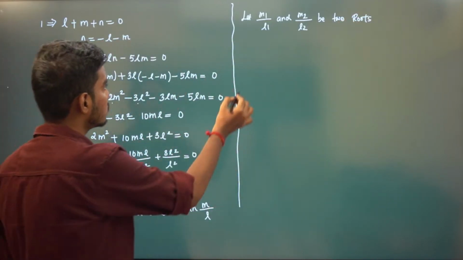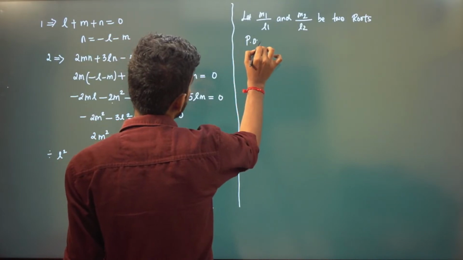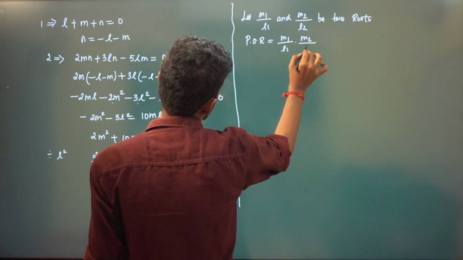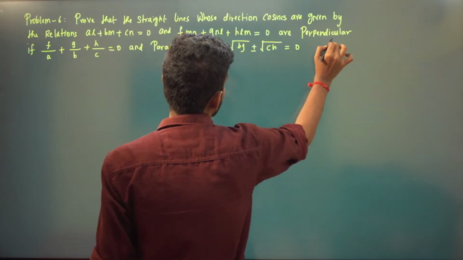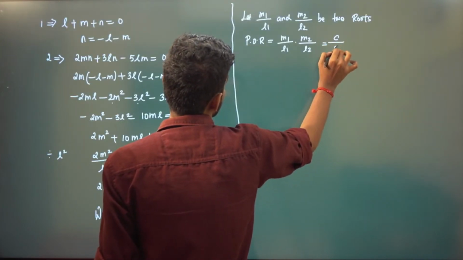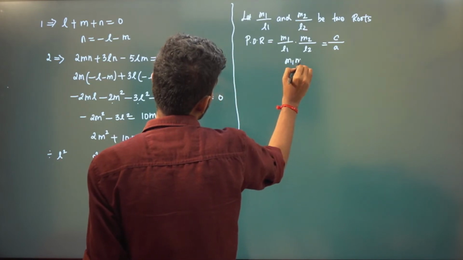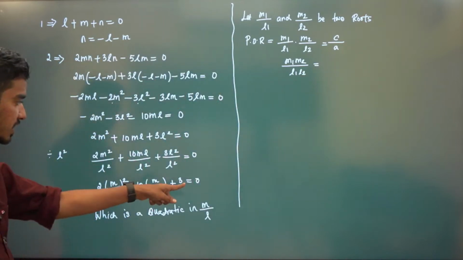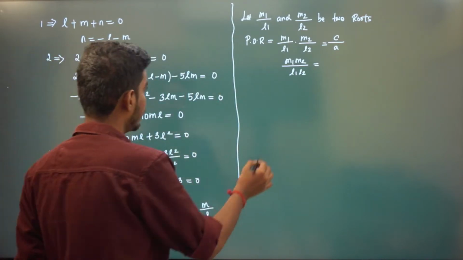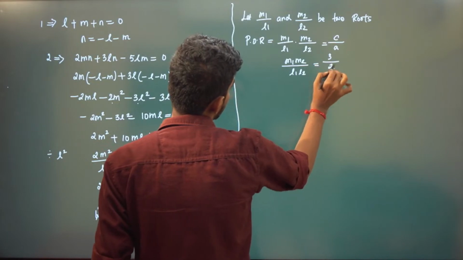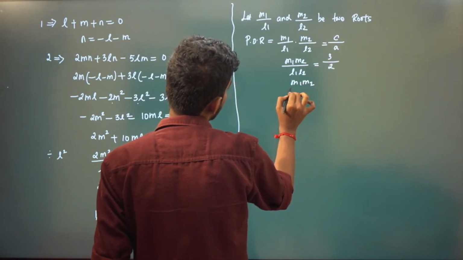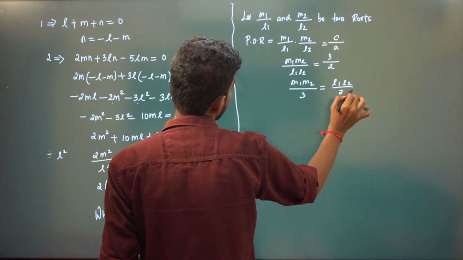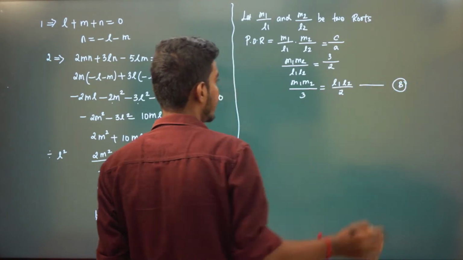The product of roots is m1 by L1 into m2 by L2, which is equal to C by A. So we have m1 m2 divided by L1 L2 equal to C by A. C is 3, A is 2, so we have 3 by 2. So we have m1 m2 divided by 3 is equal to L1 L2 divided by 2. Call this as B.